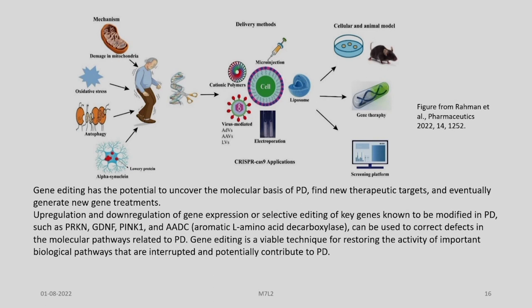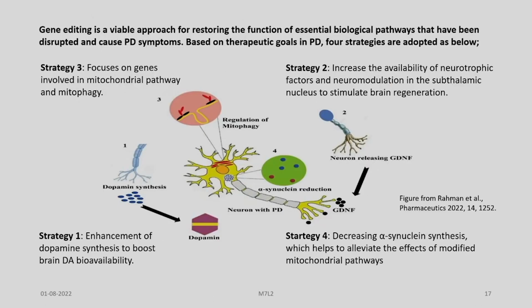Gene editing is a viable technique, particularly the CRISPR-Cas9 technology, for restoring the activity of the important biological pathways that are interrupted and potentially contribute to the development of Parkinson's disease.